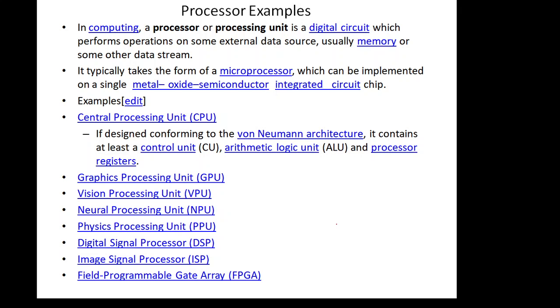Fine. So when it comes to the graphic processing unit, this is also one of the processors. What is the purpose of this graphics processing unit? In the sense it is specially designed for the altering of memory. So that is the purpose of this graphic processing unit, or else to accelerate the creation of images.